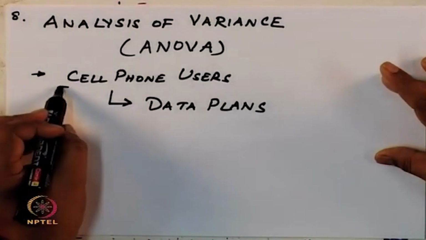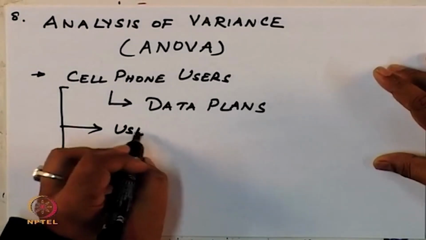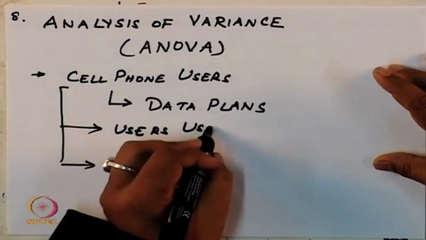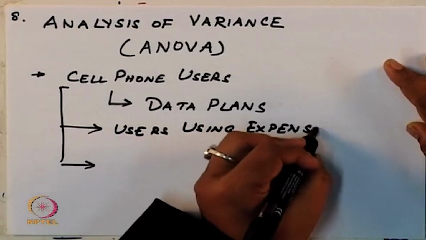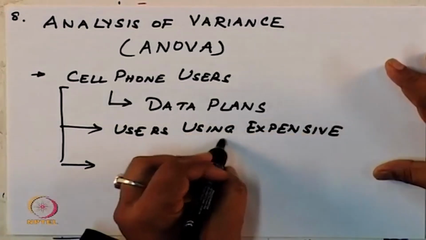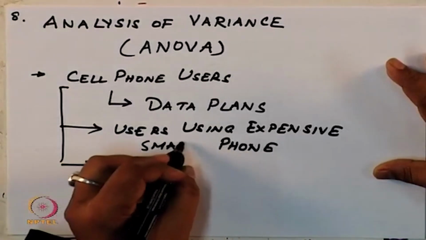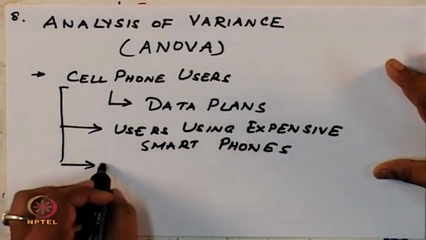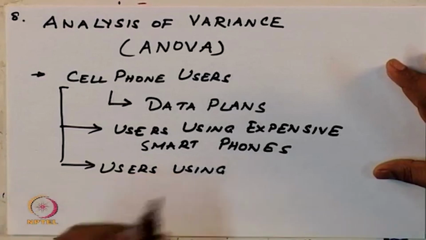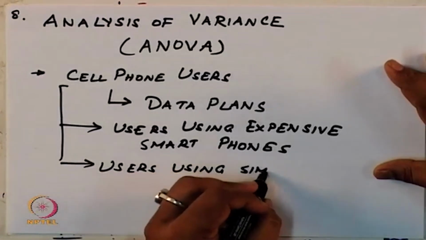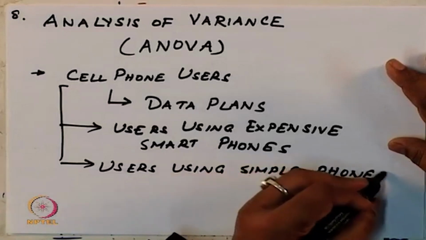So, cell phone users can themselves be distributed as users using expensive phones, maybe smartphones, and users using the simplest phones which are not smartphones.